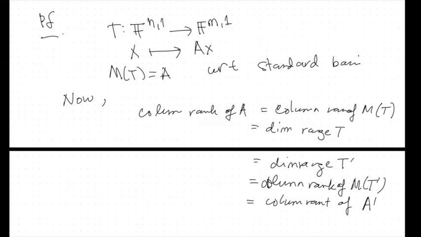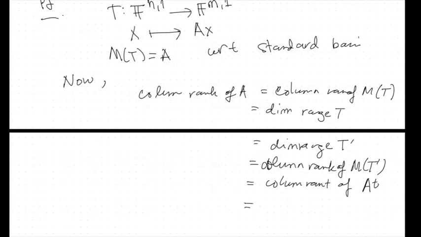So the matrix of T is A, and the matrix of T transpose is A transpose, which is just the row rank of our A.